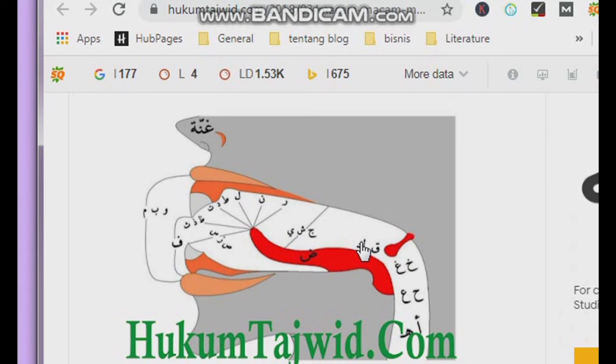Ka is here. Ko, ko. Use this one. Ko. Ka. Okay. How to write? It can connect to the letter before and after. Like this one too, and this one, like that.